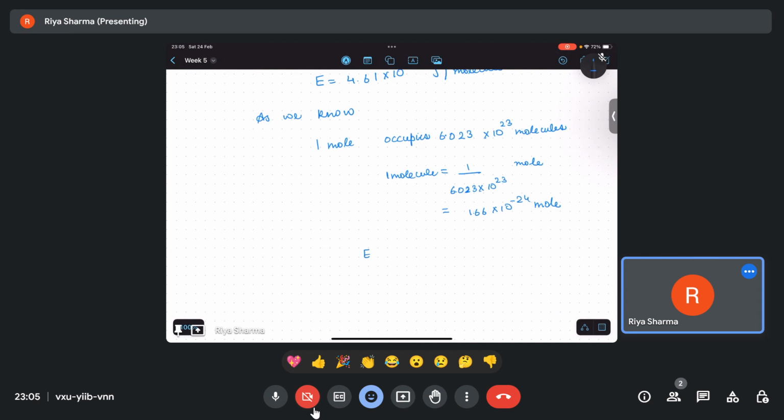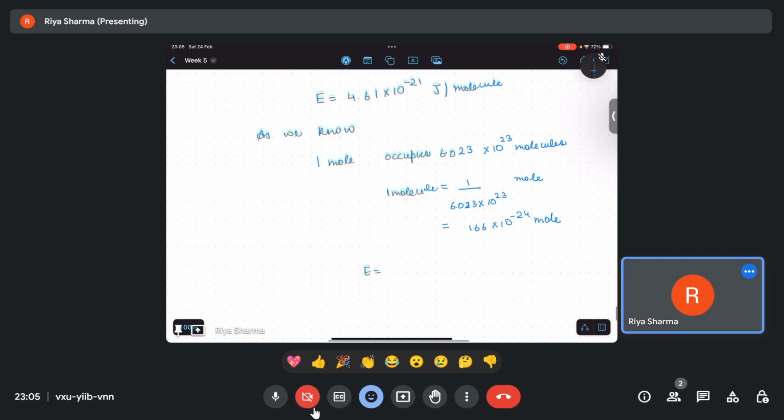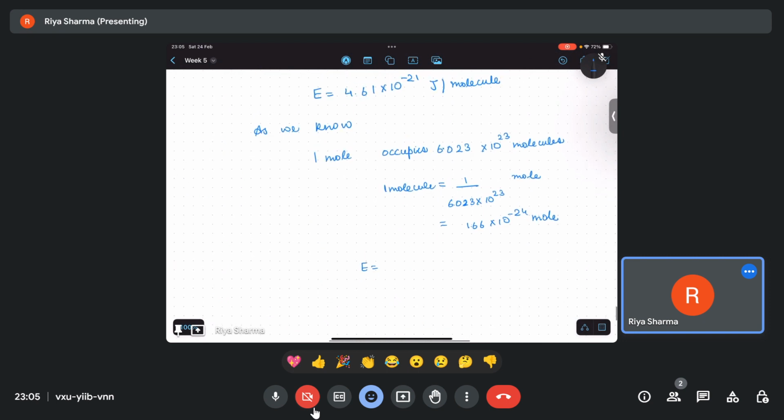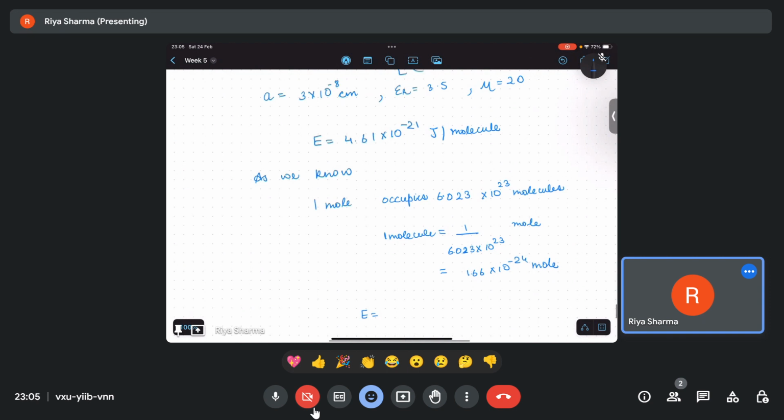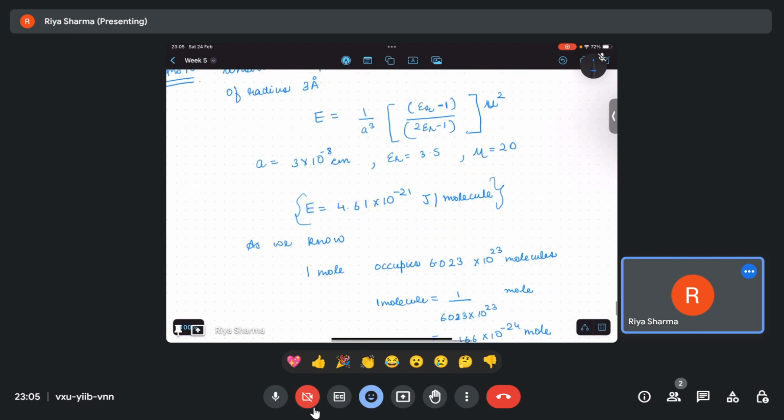So E will be equal to, basically why this you have to find out, because E will be equal to 1 by A cube, so 3 into 10 raised to power minus 8 whole cube, epsilon r minus 1, 3.5 minus 1, into 7 minus 1, into 20 square.